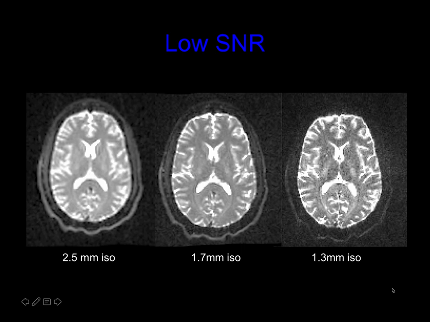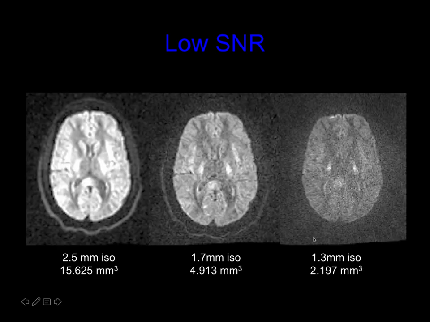So for this non-diffusion weighted image, you'd say, oh, the signal to noise ratio looks pretty good here. Now when we add the diffusion weighting, you can start to see that at 2.5 millimeters, when you look at the corpus callosum, let's say in this part where we actually have a lot of signal loss due to the diffusion weighting, it's still well above the noise level.